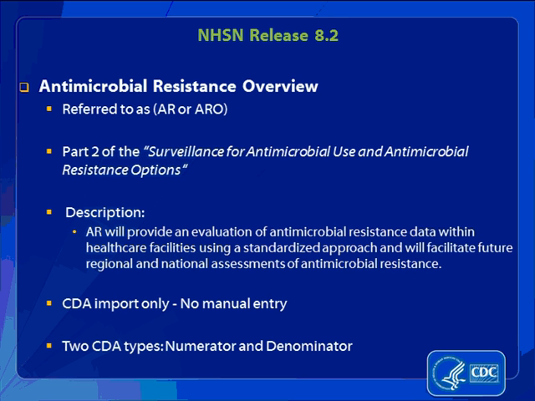The overall description is antimicrobial resistance will provide an evaluation of antimicrobial resistance data within healthcare facilities using a standardized approach and will facilitate future regional and national assessments of antimicrobial resistance. It is CDA import only, so there's no manual entry, no user interface screen. It includes 2 CDA types, a numerator and a denominator.